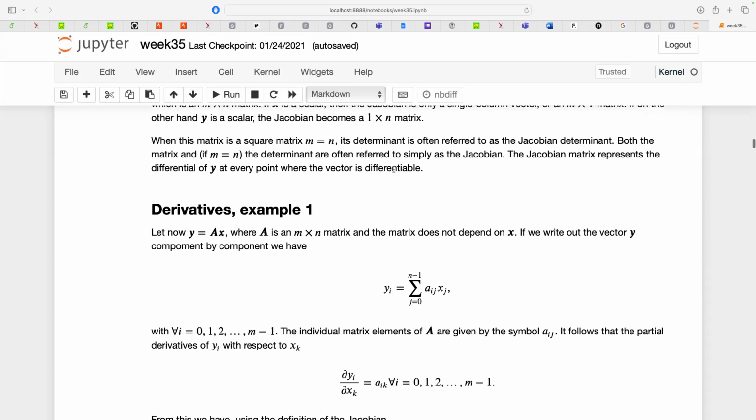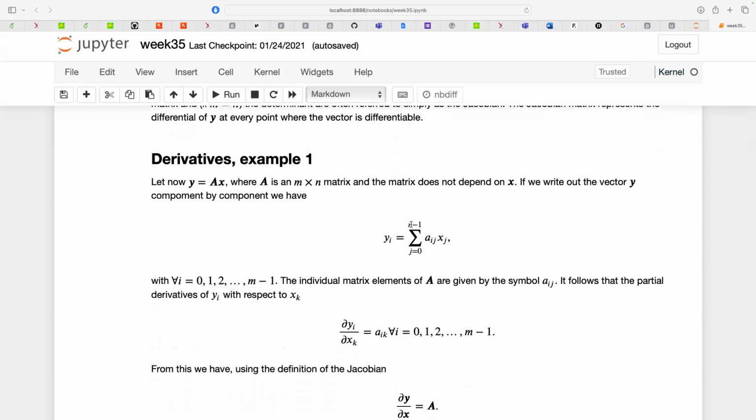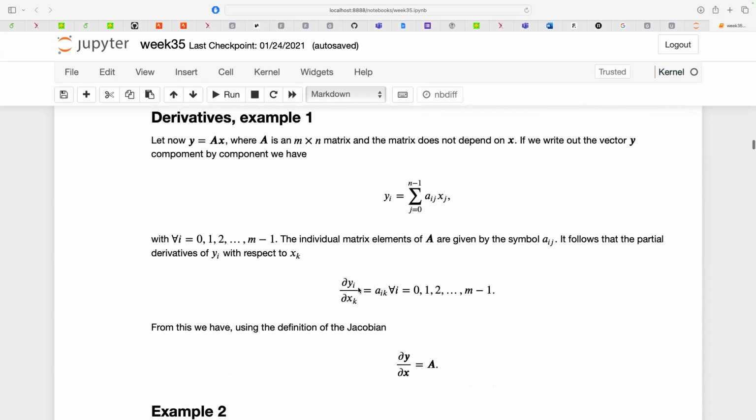So one of the examples, and we will come back to this during the lab sessions. You could typically write the matrix vector multiplication in terms of the components. And when you take the derivative, you will find that the derivative with respect to a given component is simply given by the matrix element.